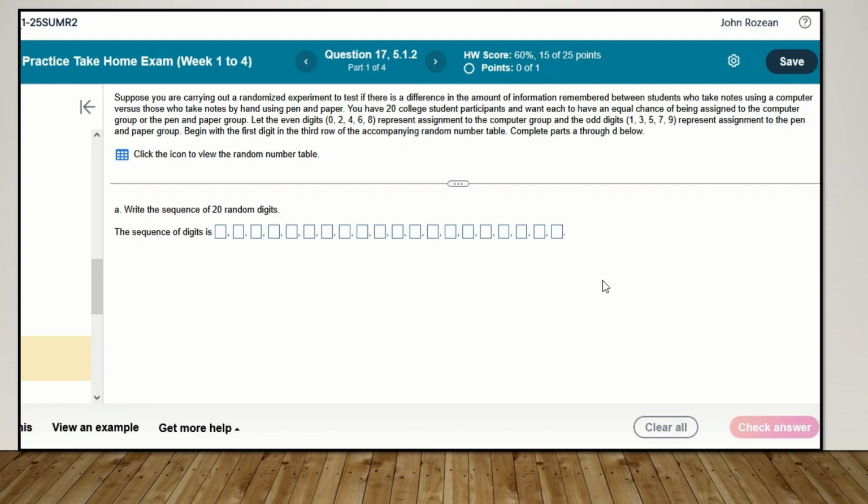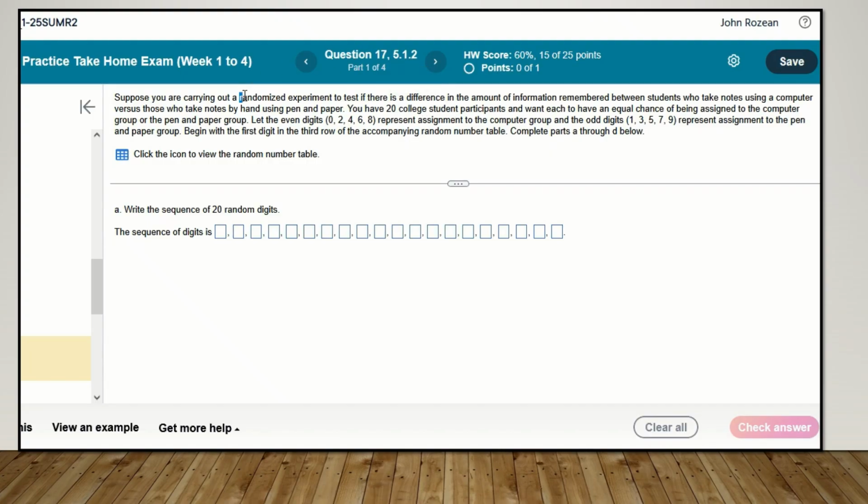Alright, so here we go. We're going to code this, and I'm going to code it completely on the screen. This is similar to sampling by using a random sample. We're in chapter 5 and we're getting into these random samples.